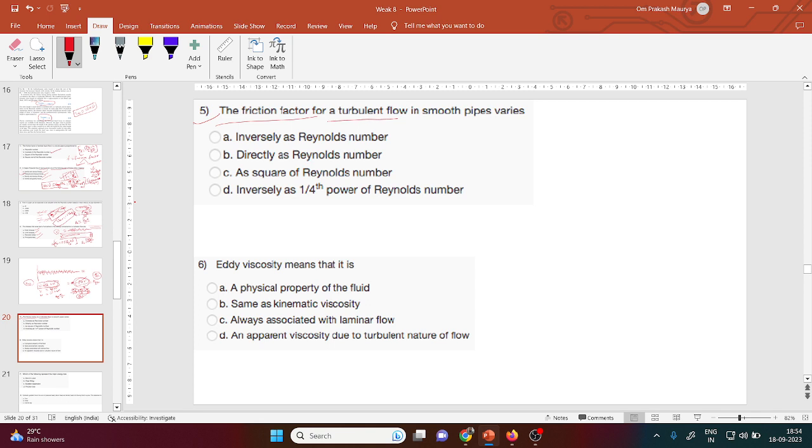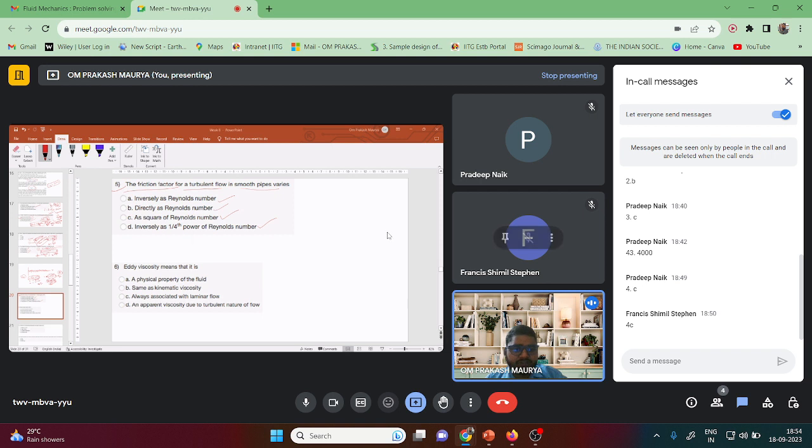The previous question was about the friction factor for laminar flow, but here the friction factor for turbulent flow in a smooth pipe varies: option A, inversely as the Reynolds number; B, directly as the Reynolds number; C, as the square of the Reynolds number; or D, inversely as the 1/4 power of the Reynolds number. So please write your answer in the chat box.